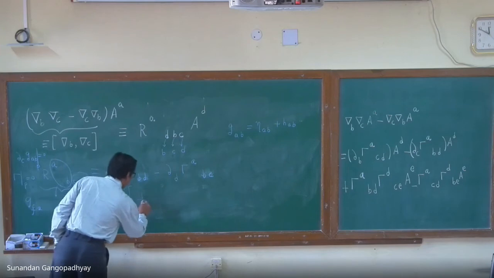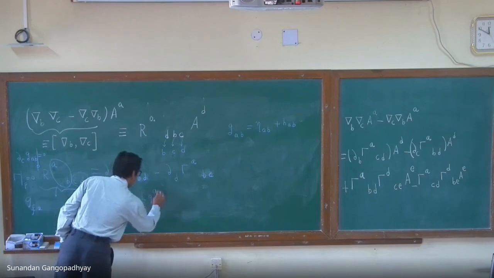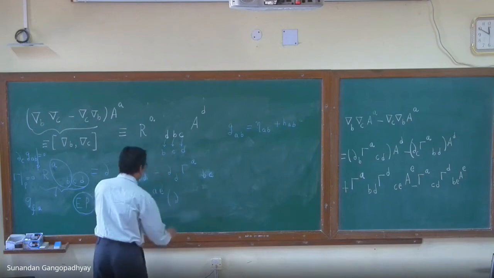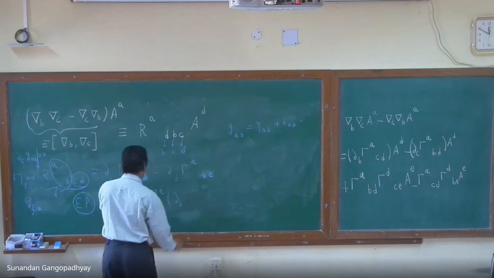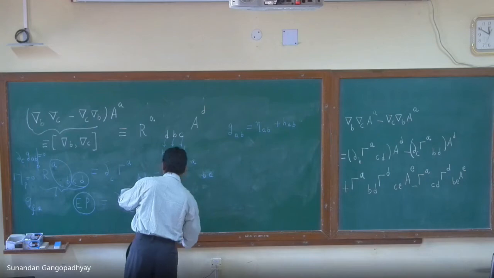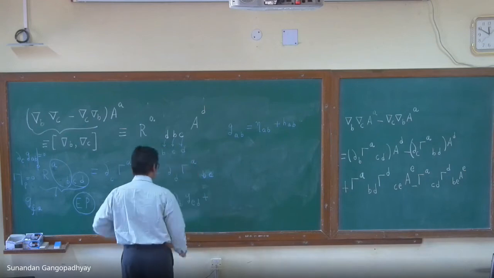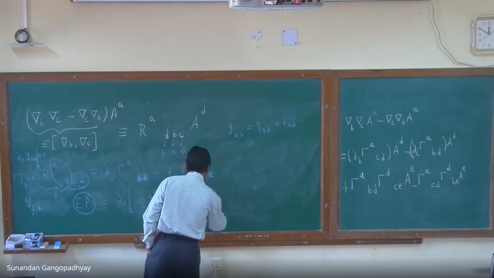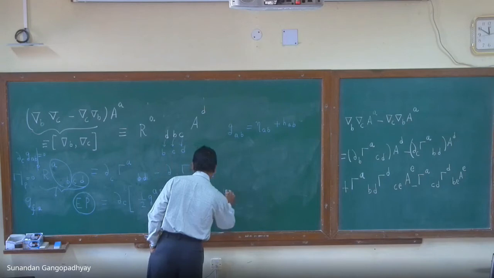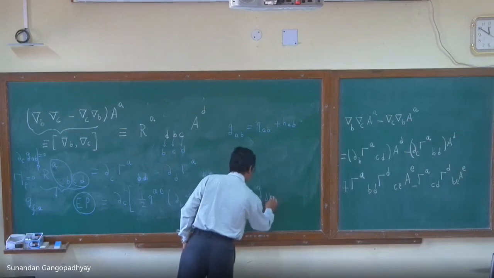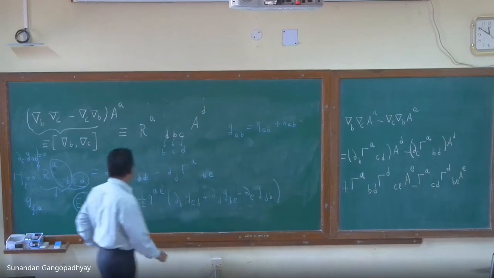The formula is half G del E G CD plus del E. This is the first term.